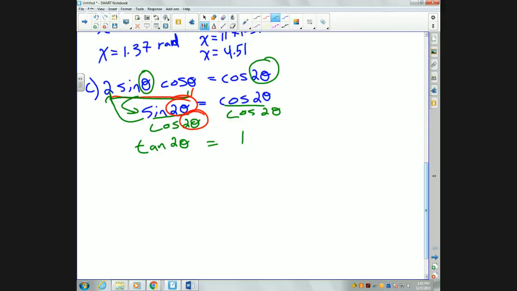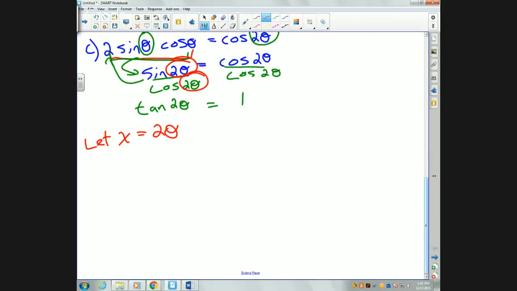No? Okay. Here's what I was thinking. We have this situation here where this is happening. Let's just for a minute say let x equal 2 theta. The reason I'm going to do that is that we'll come back to this, but if I do that, you guys probably know how to solve this.